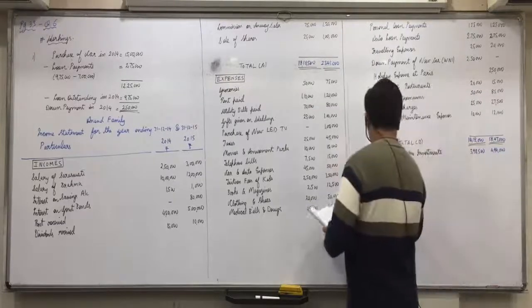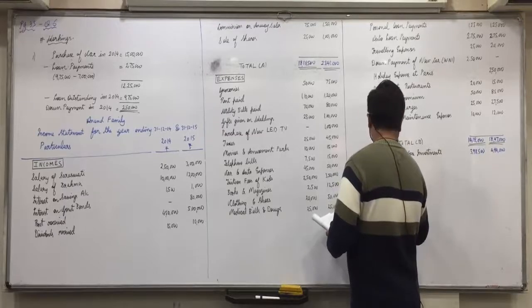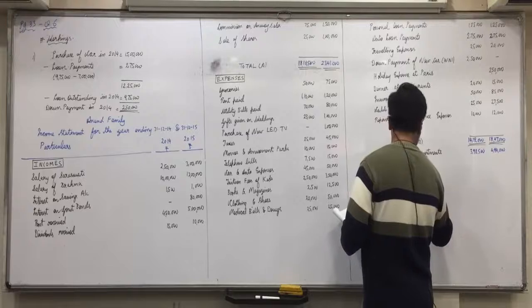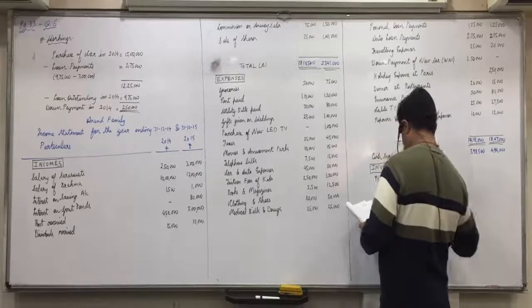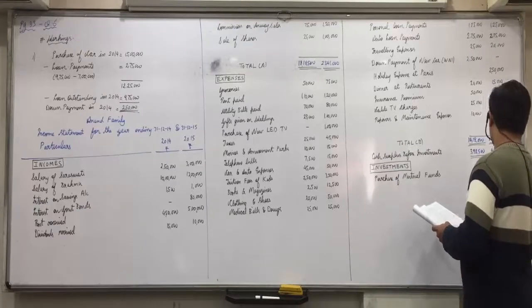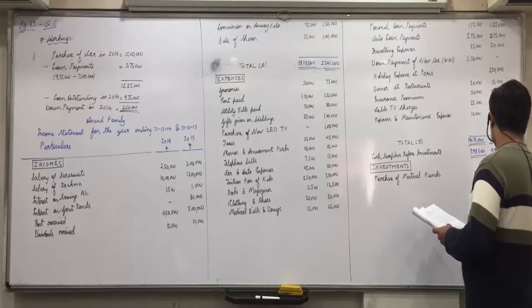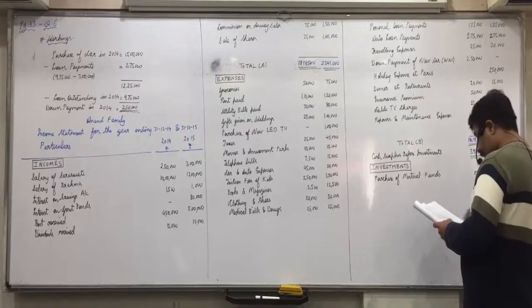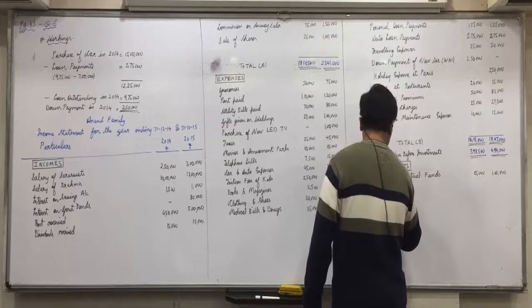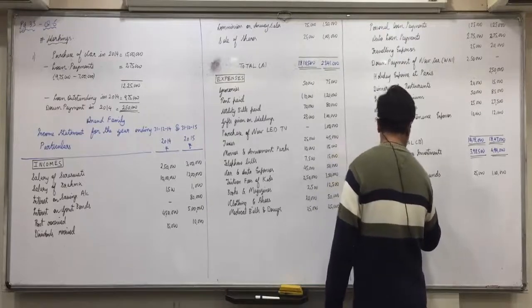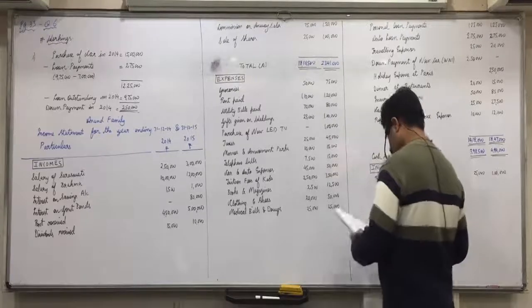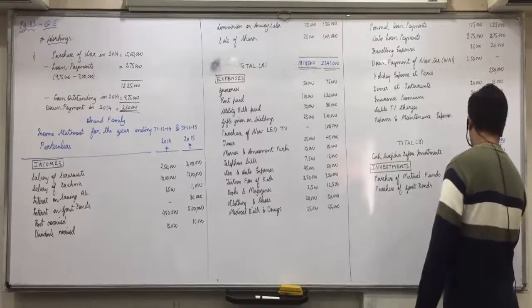Investments: we have purchase of mutual funds, you will find 25,000 and 1 lakh. Then purchase of government bonds, 5 lakhs and 3 lakhs.